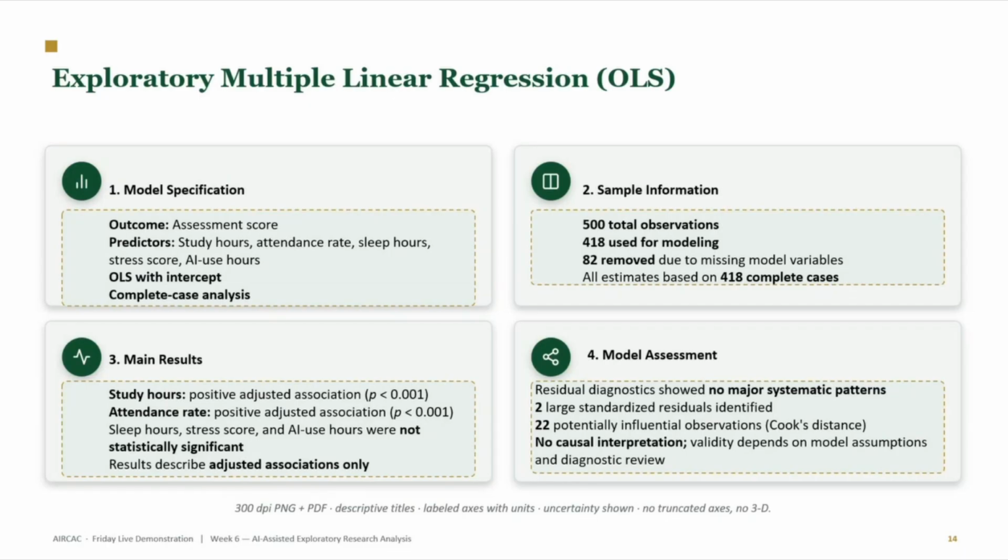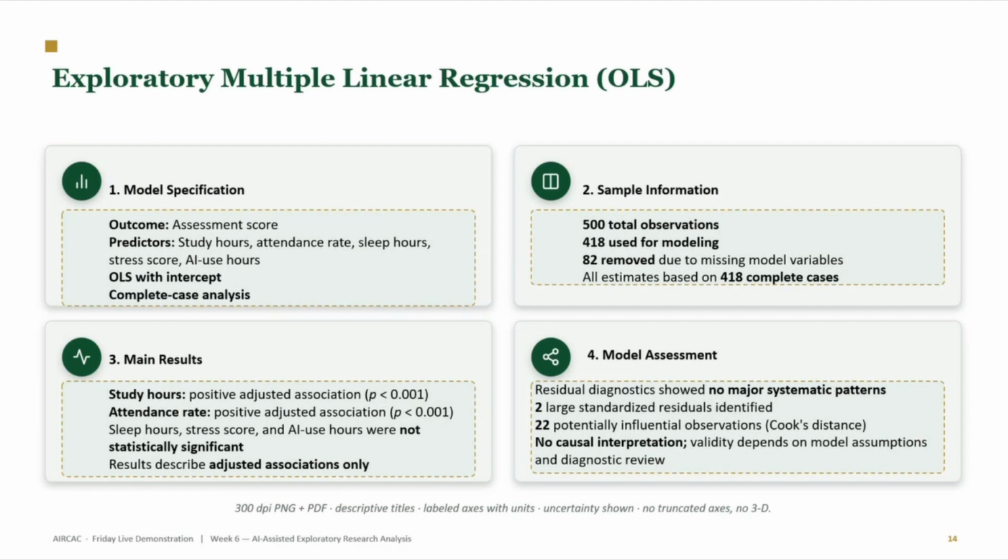So the main results: the adjustment association is positive because the p-value is less than 0.001, and the attendance rate is also positive because the p-value is less than 0.001.